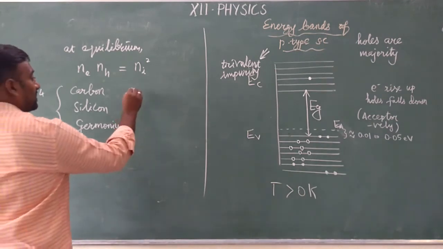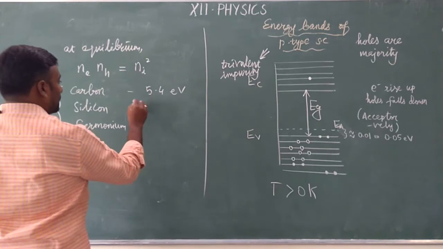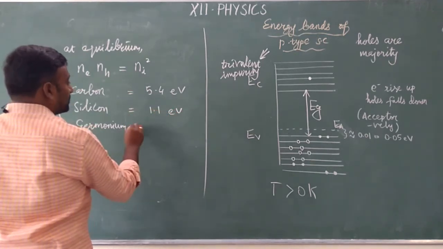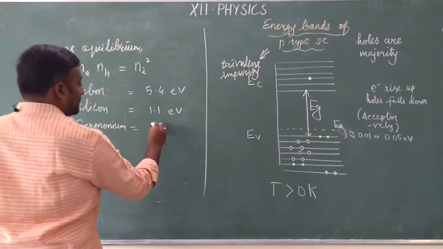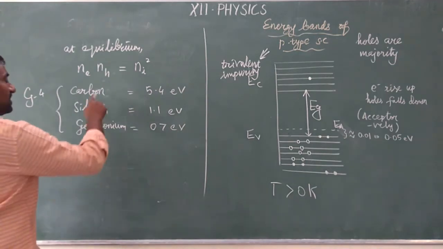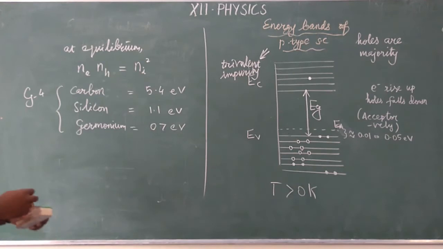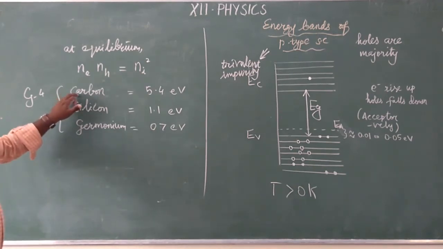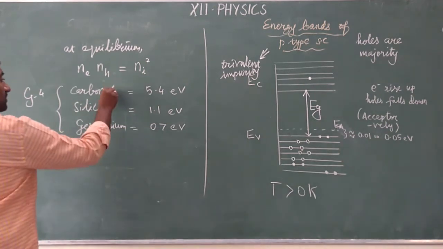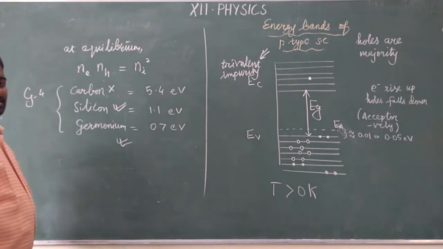For carbon the energy required is 5.4 electron volt, for silicon it is 1.1 electron volt, and for germanium it is 0.7 electron volt. Carbon needs more energy, so it requires more ionization energy. So mostly we cannot use carbon to fabricate semiconductors; we may use silicon or germanium.